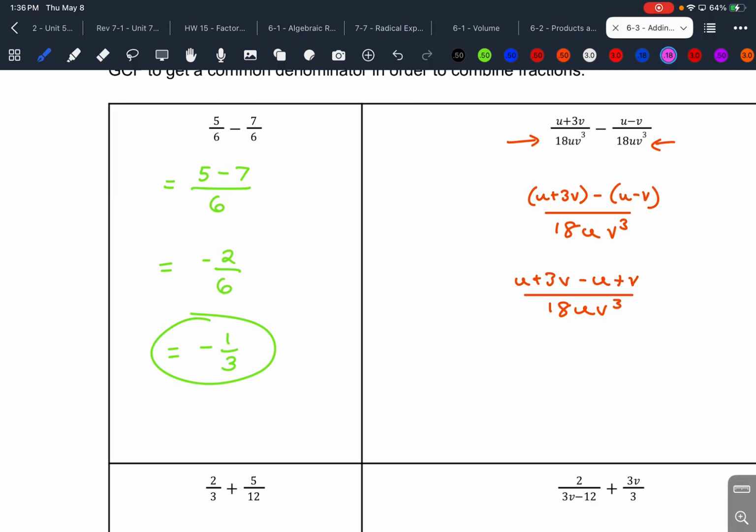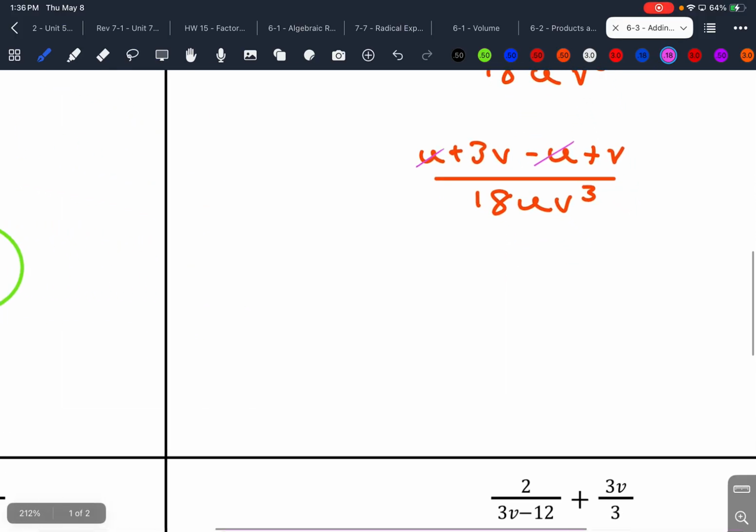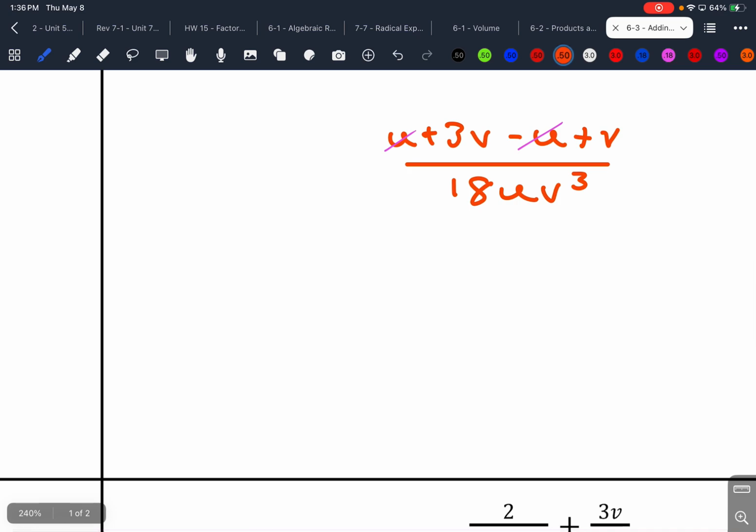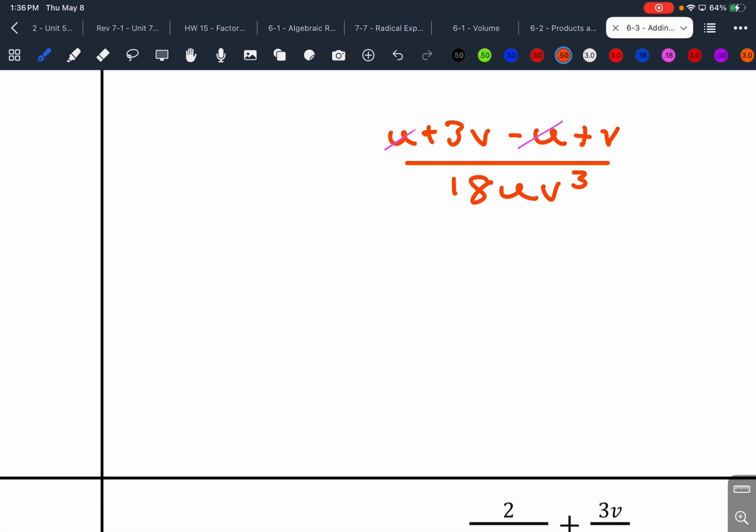And in this case, u minus u, those go away, because u minus u is 0. So we get 3v plus v, which is 4v on top and 18uv cubed on bottom.